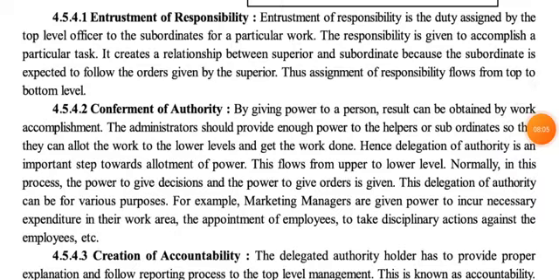So here the work assignment is done on the basis of the specialization or expertise in the area. The top level officer is assigning different kinds of tasks to different persons on the basis of their specialized area, or we can say their expertise.